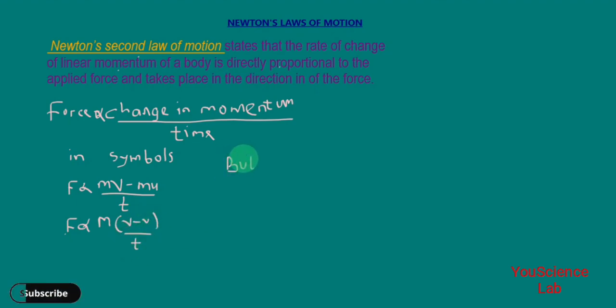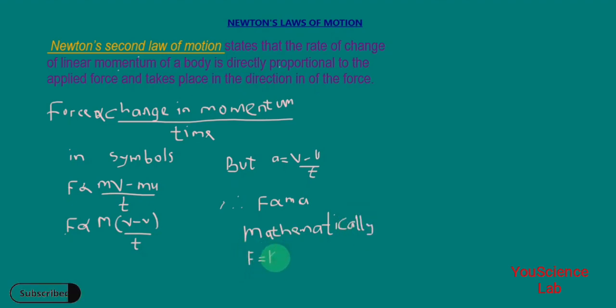But we know that a is equal to v minus u all over t. Therefore, F is proportional to ma. Writing this mathematically, F is equal to kma.